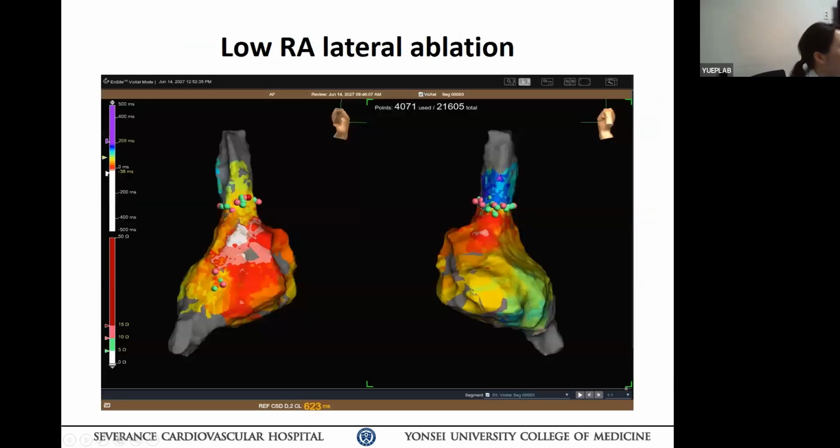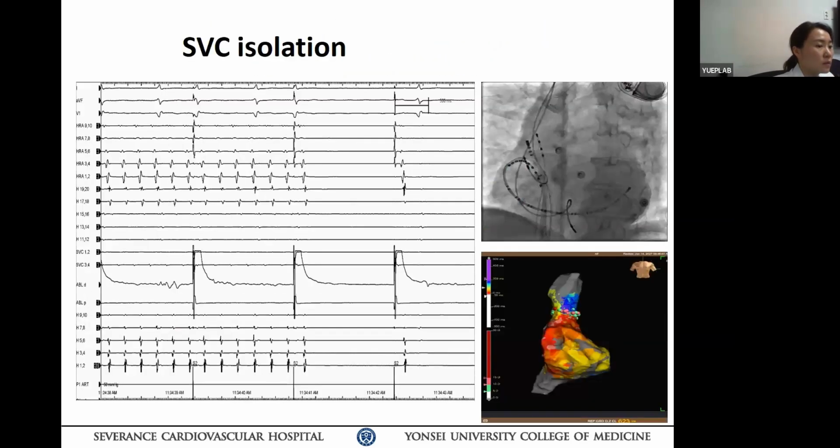So I usually follow Dr. Chen Huang's method, and he recommends 6 mA. Yeah, slow pacing with 6 mA, and you move the catheter around carefully and tag.